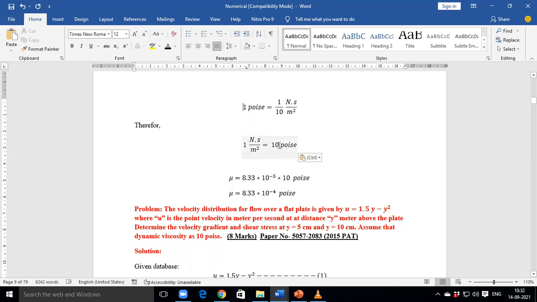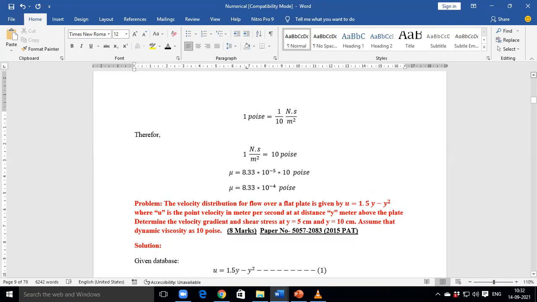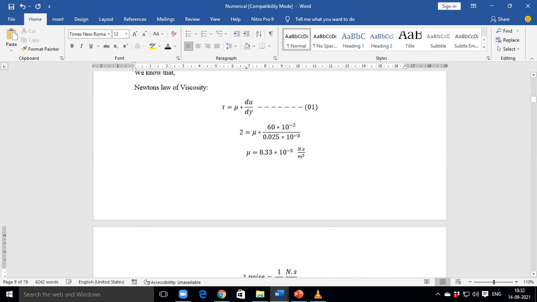So 10 is multiplied to the Newton second per meter square value, which is 8.33 into 10 to the power minus 5, and again multiplied by 10. So that will be 8.33 into 10 to the power minus 4 poise. Is it understood how this value came? Aniket, Komal, is it understood or not? Yes, sir.